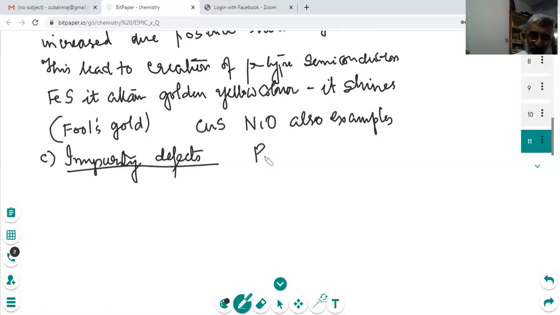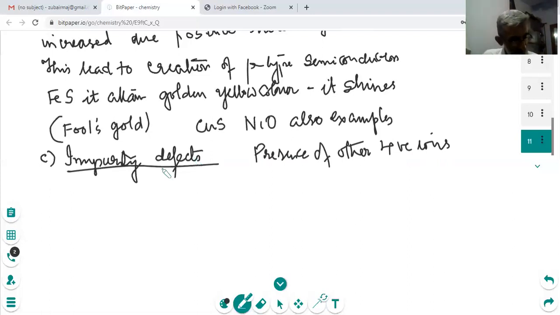Other positive ions, in the place of the missing ones.